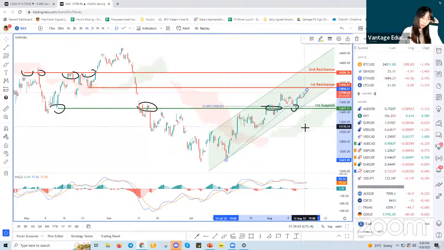So here is our 23.6 Fibonacci level. As you can see, our starting point is here, our ending point is here. So we can expect the price may go all the way to here to touch the 23.6 Fibonacci level, as it may reach here.